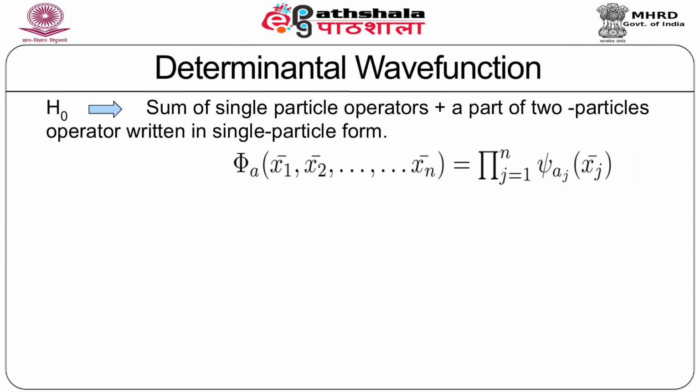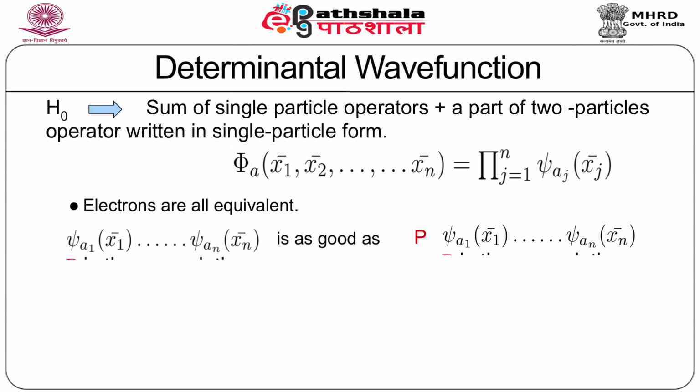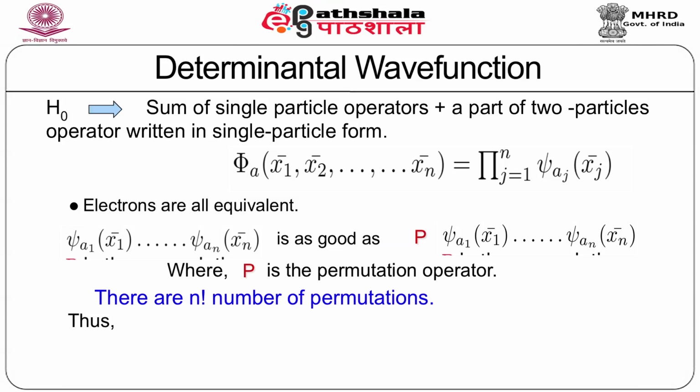However, we need to remember electrons are all equivalent. Therefore, the product of this single electron wave function, as shown here, is as good as the operator P operated on this product wave function. P is the permutation operator which changes or exchanges the coordinates of two single electron wave functions.